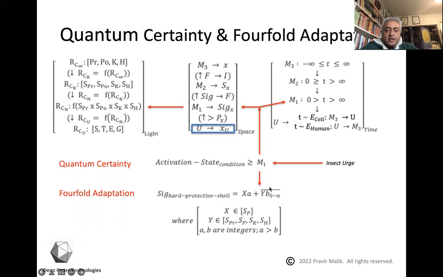And this protective shell can be thought of as summarized by this equation here, where you have a primary element X and a secondary element Y, which derives from some functional elements as captured in these large sets over here. And that's also summarized over here. So in this case, you see the primary element being an element from the set of power.